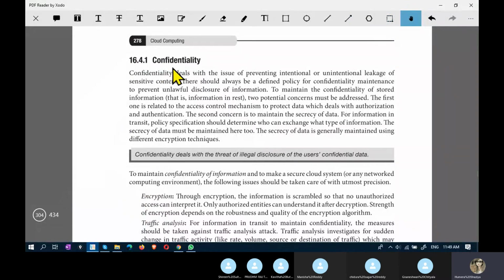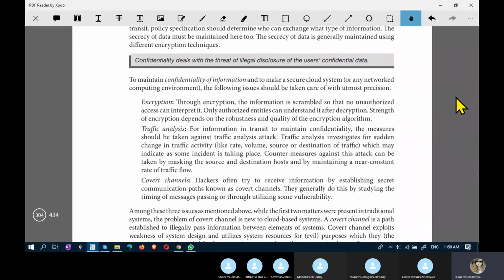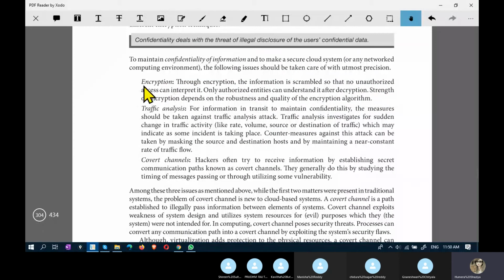So confidentiality is preventing the intentional or unintentional leakage of sensitive content. How do you achieve confidentiality? To achieve confidentiality, encryption is the most important process, and traffic analysis is also important in order to know whether there is any attack on the traffic, on the network.